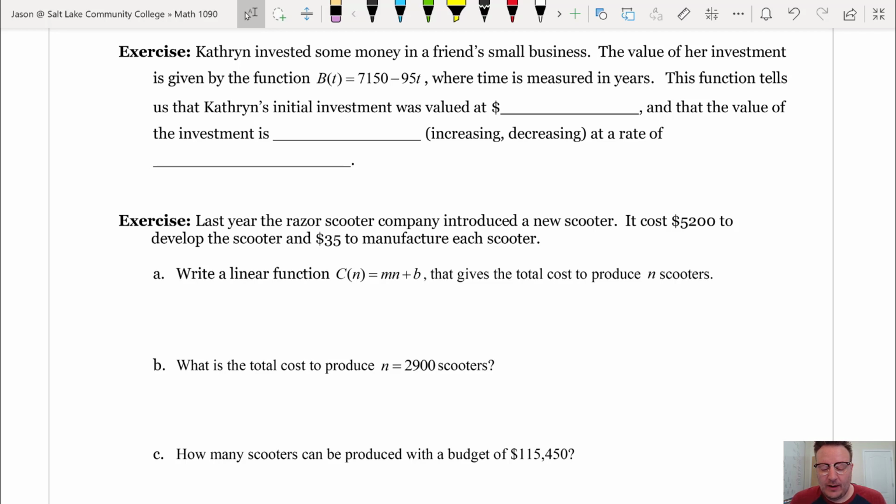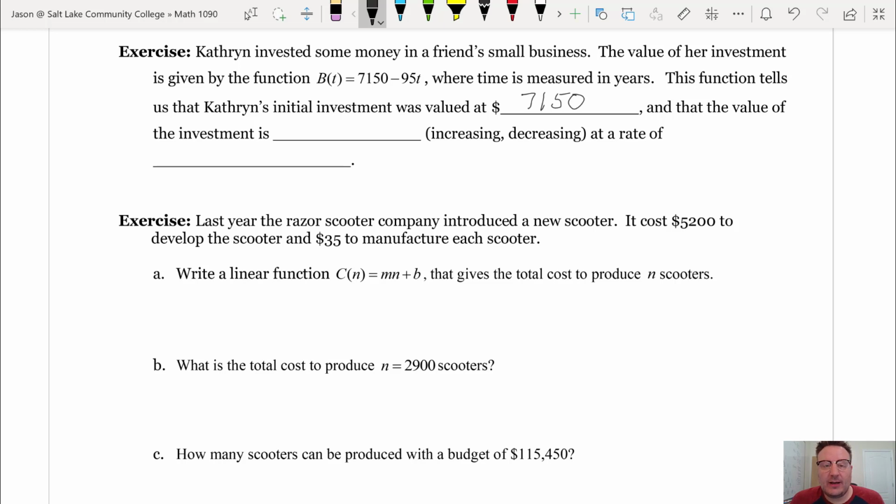So notice that if we set t equal to 0, that will give us the initial value of her investment. And when we set t equal to 0 in this function, we just get out 7,150. So that's the value of the initial investment. It's the y-intercept. If we were to graph this function, that's the y-intercept.